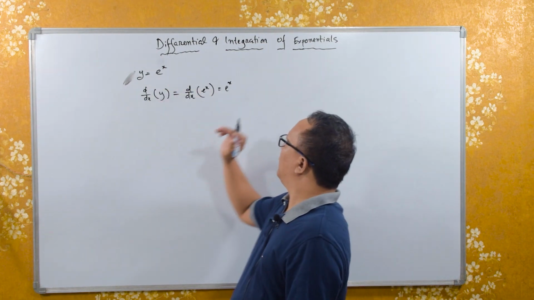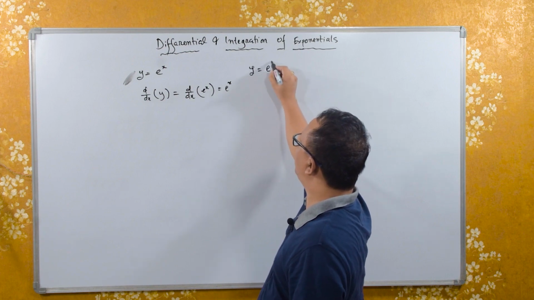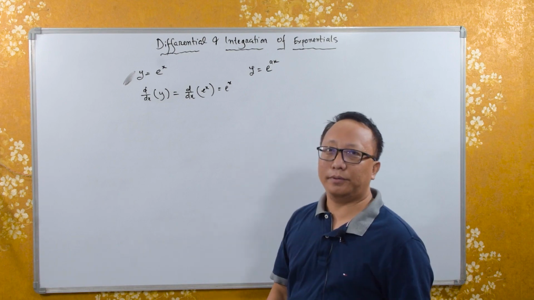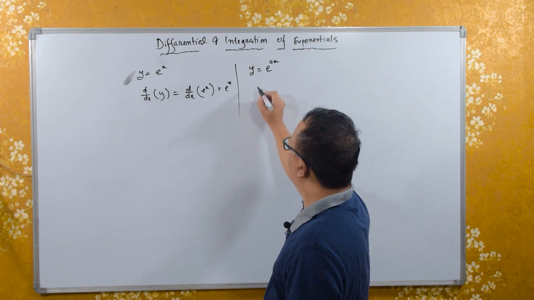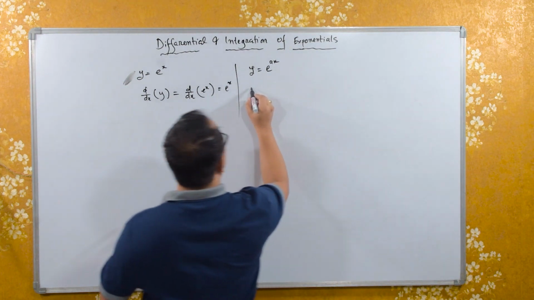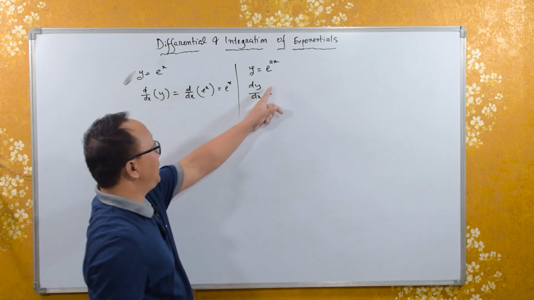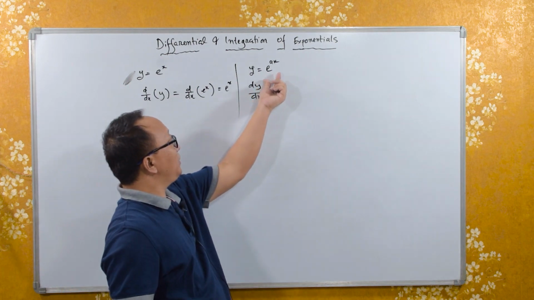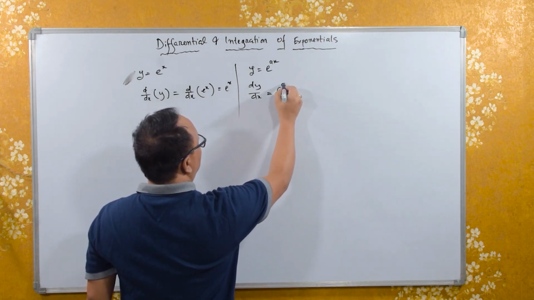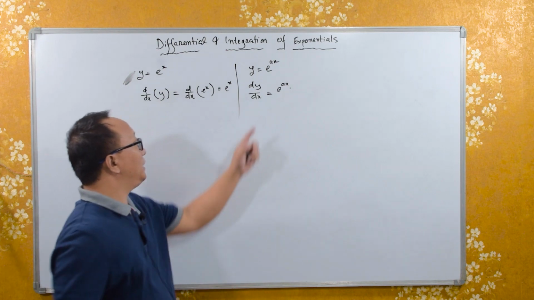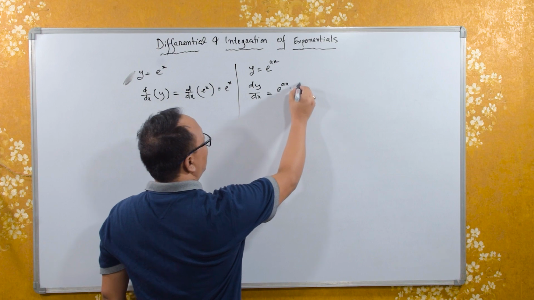Now, if y equals e raised to ax, what will be its differentiation? Then dy by dx will be e raised to ax as it is, into, this ax we have to differentiate with respect to x again.